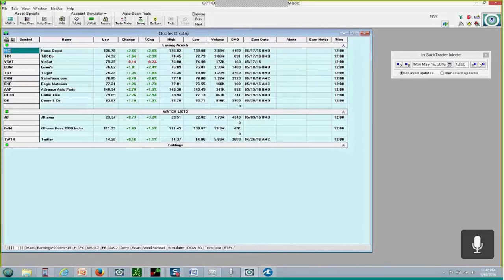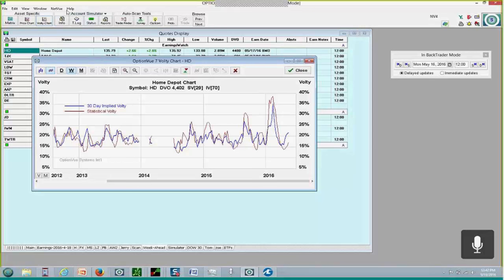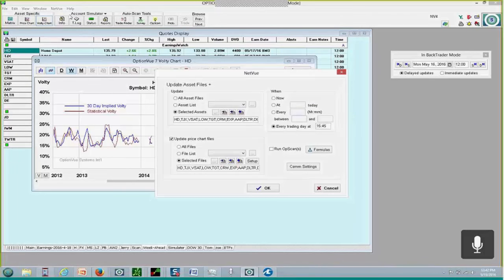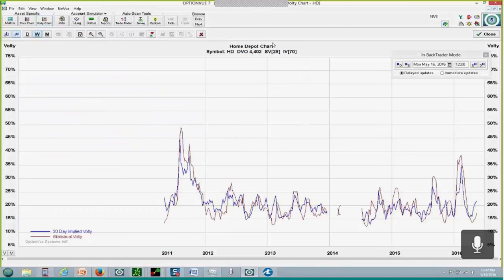And what I want to do, I'm going to show you that we've got the volatility charts. And what I'm going to do, go to NetView. I'm going to go ahead and update all the price charts on the selected files. And by clicking through, watch, here's Home Depot. The implied volatility is 70 on a weekly chart.